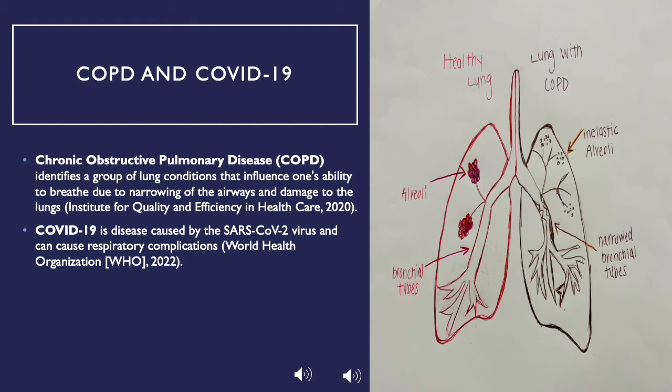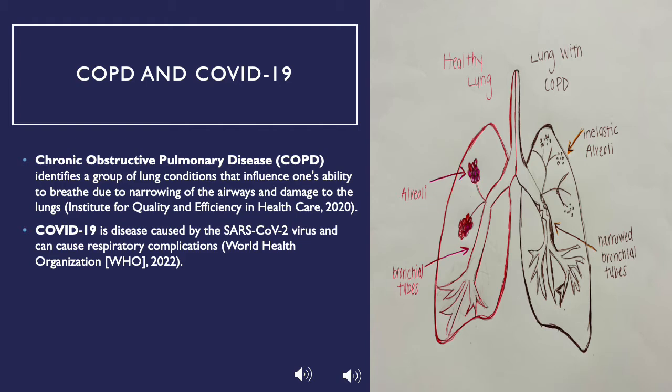The photo on the right compares a healthy lung to a lung with COPD. I thought this was a great visual representation to compare the two and notice how severely impacted these individuals are. Just looking at the alveoli, or the air sacs, in a healthy lung they can expand and collapse with each breath.